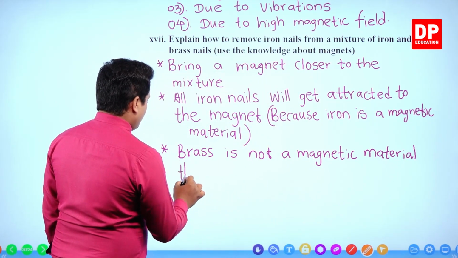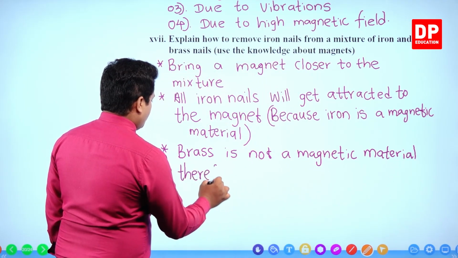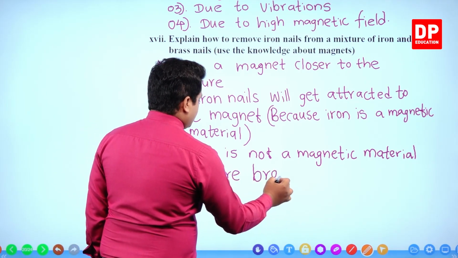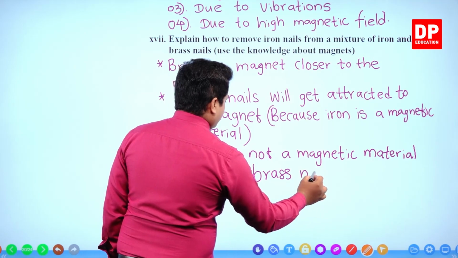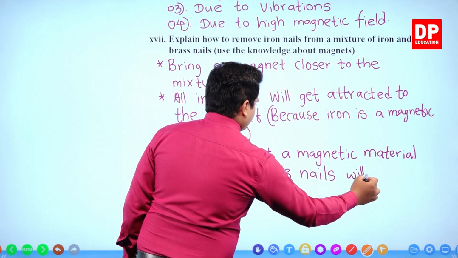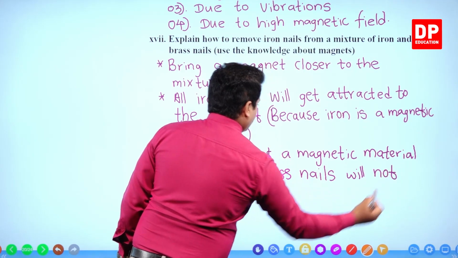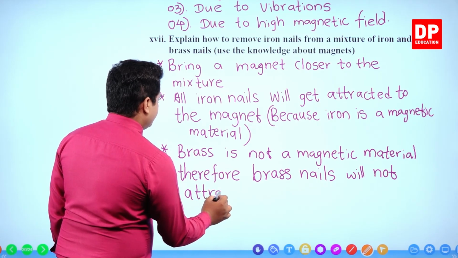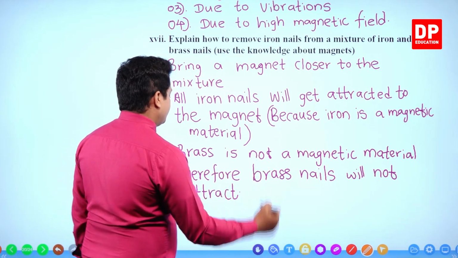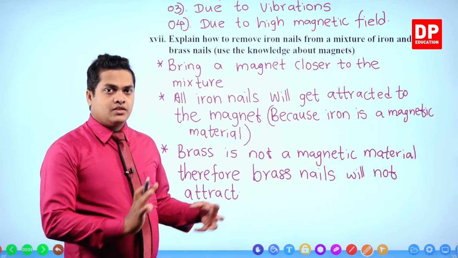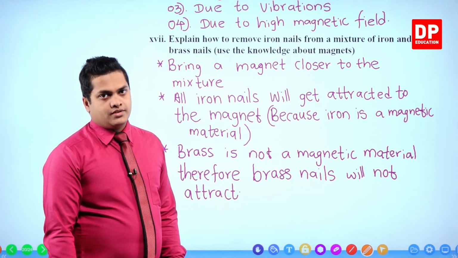Therefore, brass nails will not attract. So thereby we can separate these brass nails apart from the iron nails, right?